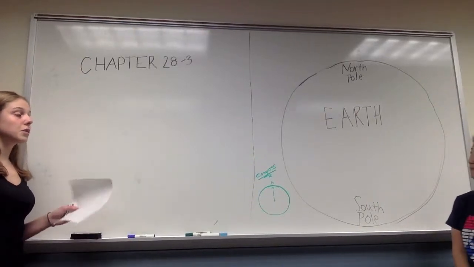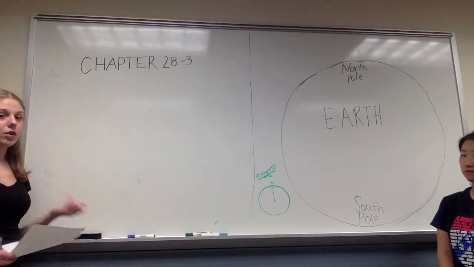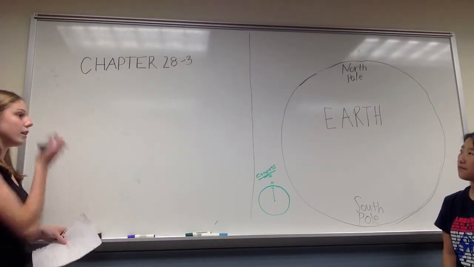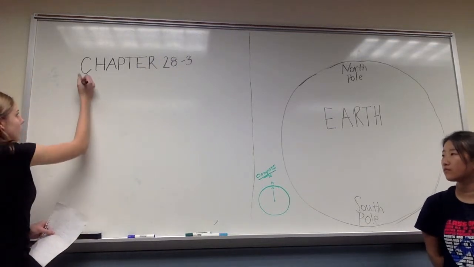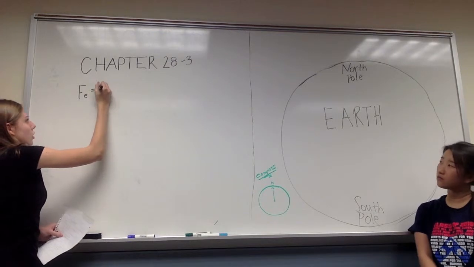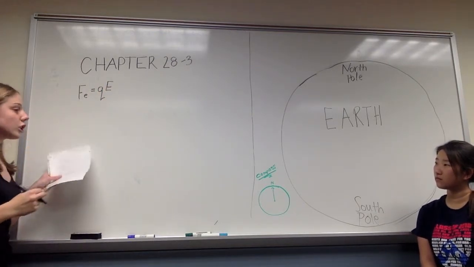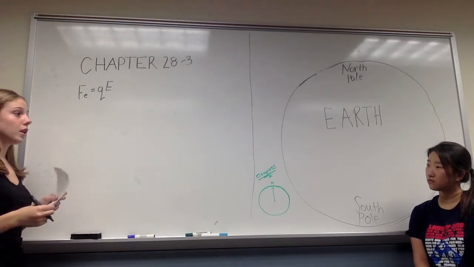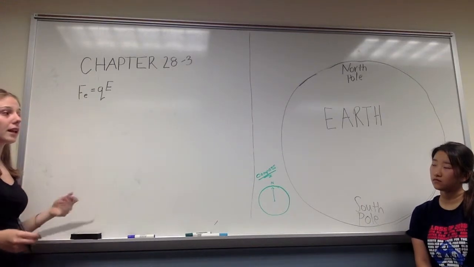Okay, now that we know some of the basic properties, we're gonna figure out the formulas that we're gonna use throughout the entire chapter. Now let's take a step back and think of the last couple chapters when we've done the force of electric, which equals QE. Now, unfortunately, we're not able to use a similar formula for the magnetic because electric is a monopole and magnetic is a dipole.